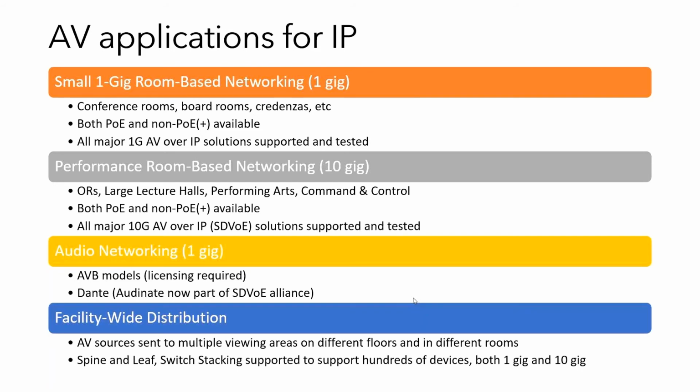And then we have projects which are typically facility-wide, where you have a lot of video sources going to a lot of different viewing areas, perhaps on different floors and different rooms. And as Randy will talk about when we get into the products, we have switches that are designed to be stackable, in 1 gig, 10 gig, 40 gig even.